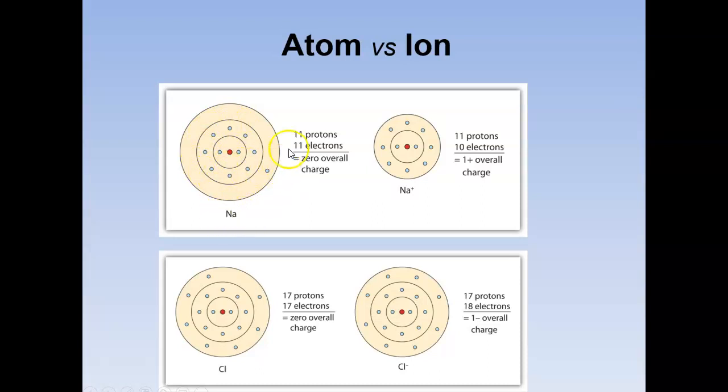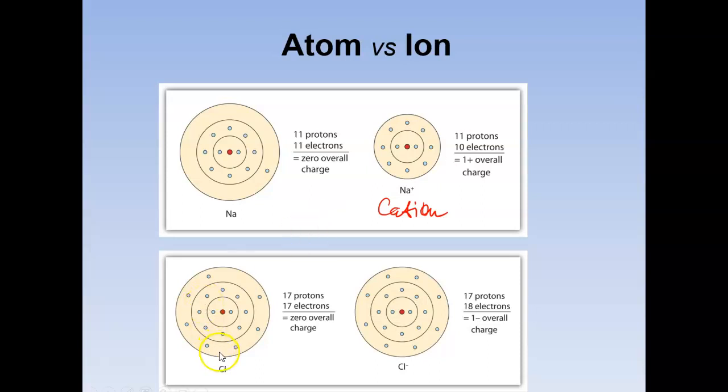A sodium atom has 11 protons in its small nucleus and 11 electrons outside the nucleus. So zero overall charge. Atoms are neutral. And this is a cation. Why? Because it has more protons than electrons. That's why it has a positive charge.